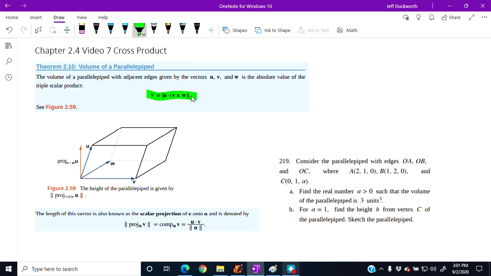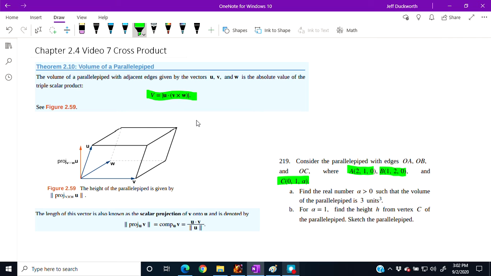All right, so down here there's a picture of what one would look like. I'm not going to sketch it, but I'll do parts A and B if I can here. We're given the points A, B, and C. So all we need is 3 as far as that goes.